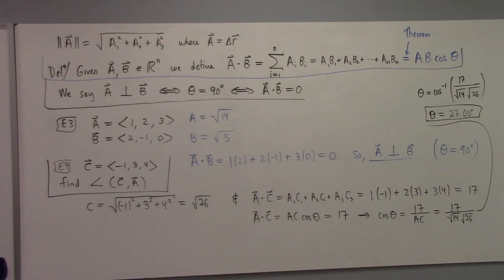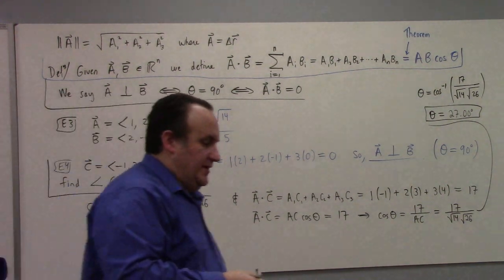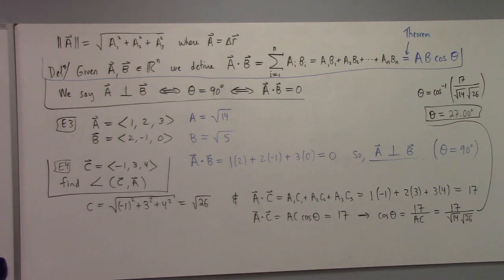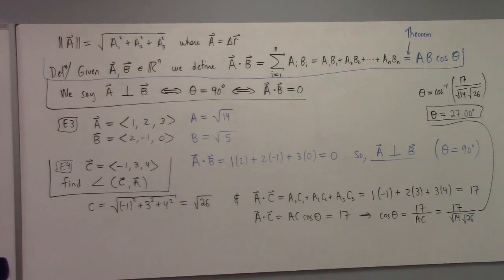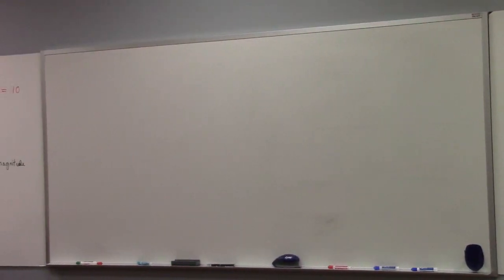Let me point out some things about the dot product that are extremely interesting and helpful. So we can write a formula for the length in terms of the dot product. Notice that the length of the vector A is exactly equal to the square root of the dot product of A with itself. Right? So that's one thing we can say.